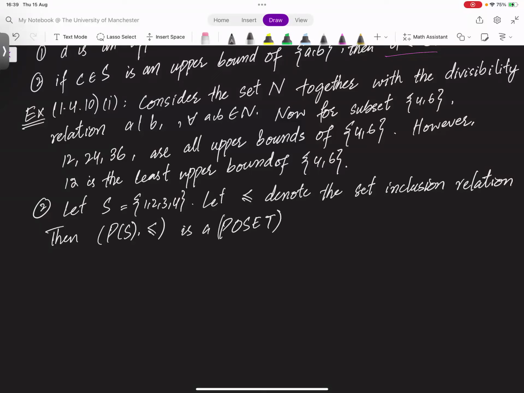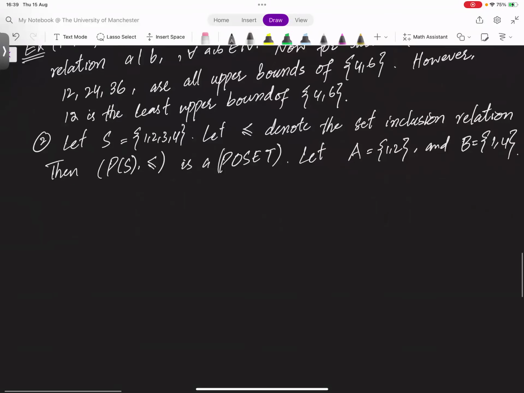As a poset, let A be {1, 2}, a subset of the set S, and B also a subset which has the elements {1, 4}.